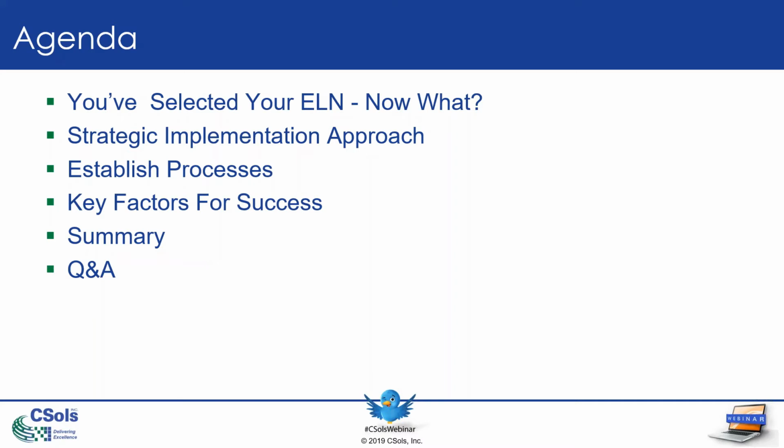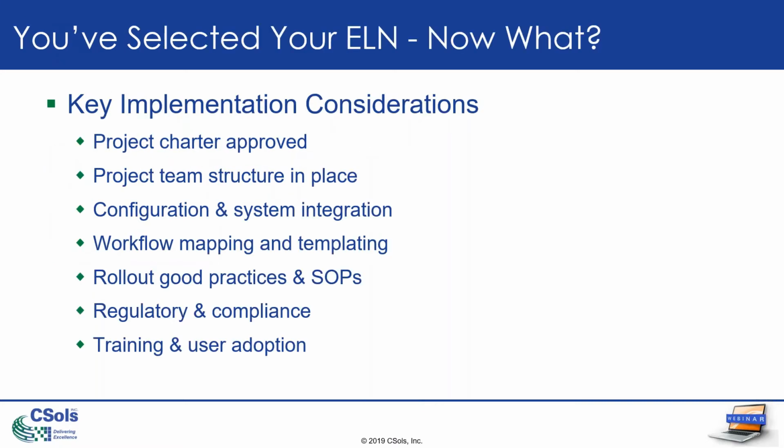For strategic implementation approach, we will discuss different ELN implementation approaches based on the type of business you're running. The next item is the establishment of processes when implementing your ELN. We will also go through the key factors for success. After summarizing this presentation, we'll have the opportunity to take your questions.